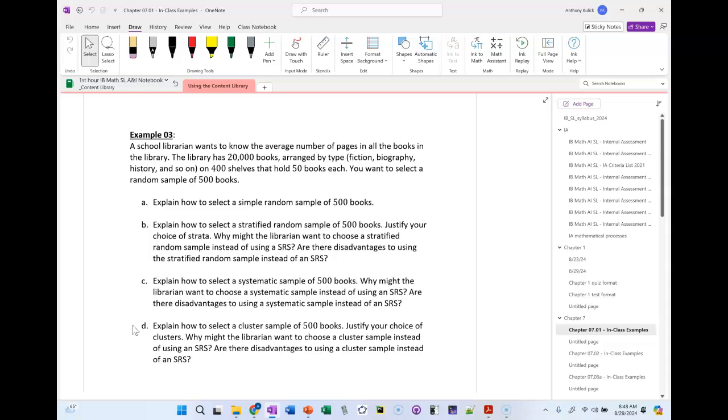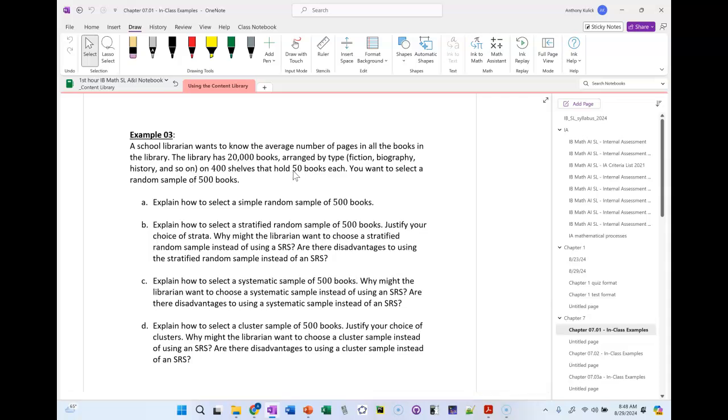Because if they're arranged by type... Well, I mean, you could look at just taking 10 of the shelves and randomly pulling 5 books from each shelf.